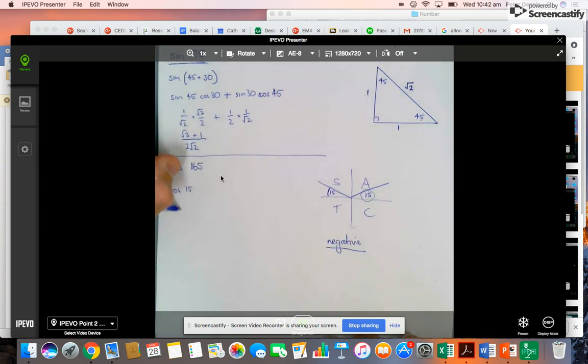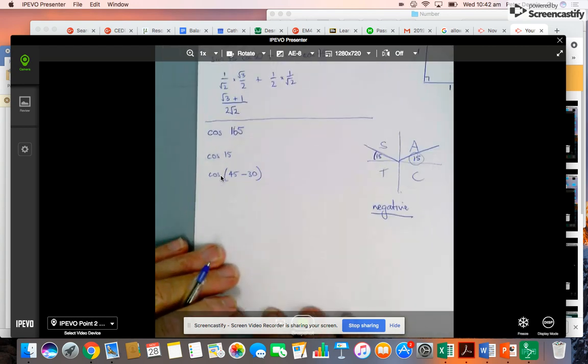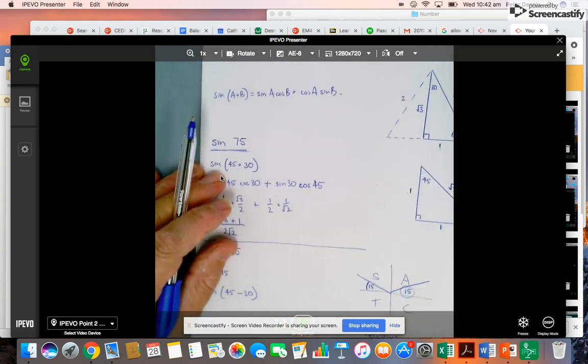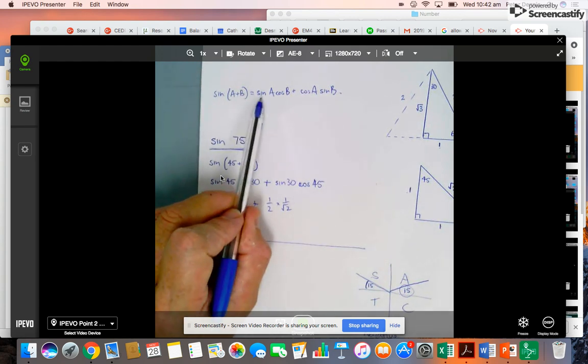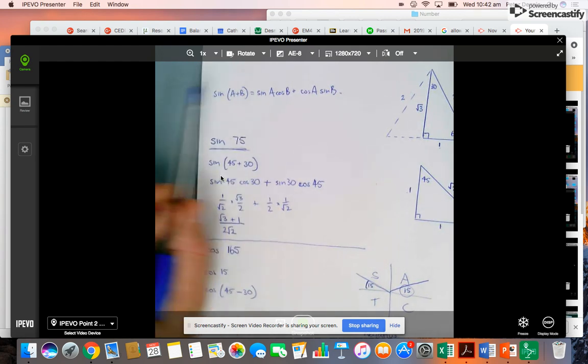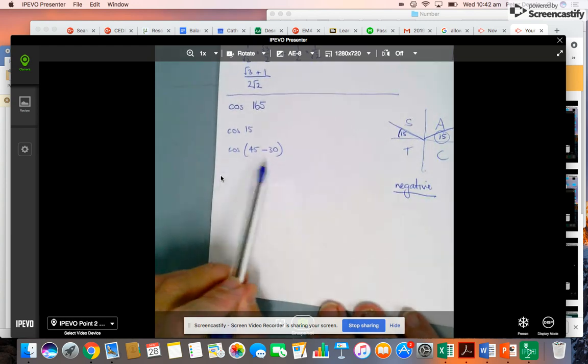The cos of 15 is the cos of 45 minus 30. And this would give us an exact value. So again, we can write it out. And just as sine stayed the same, sine of A plus B gives us sine A cos B plus cos A sine B, the cos changes.